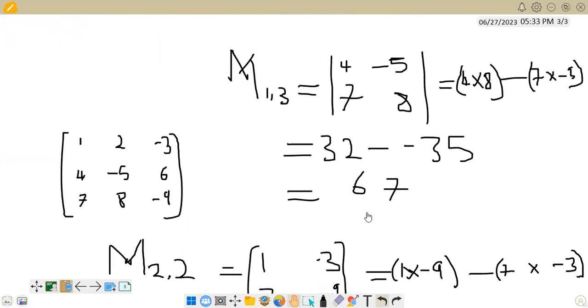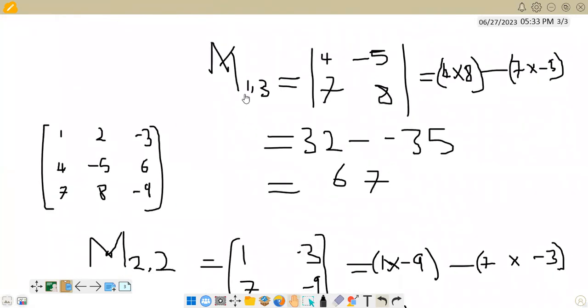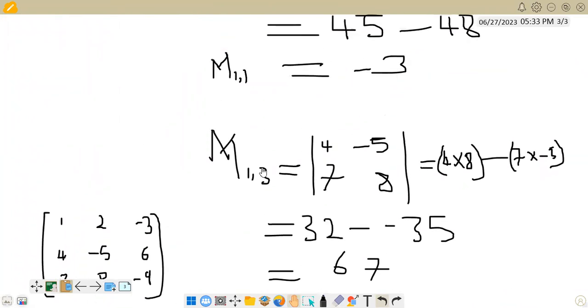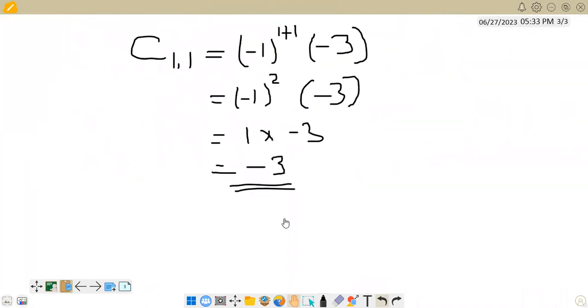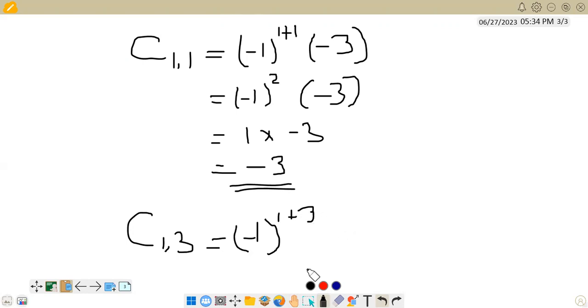Nde tiyang'aneso kuti kodi cofactor wachirija tinapeza kuti ndi tinapeza minor wa 1,3. So let us find the cofactor for 1,3. So it will be negative 1 to the power 1 plus 3. Answer tinapeza kuti ndi 67. So it will be our minor.